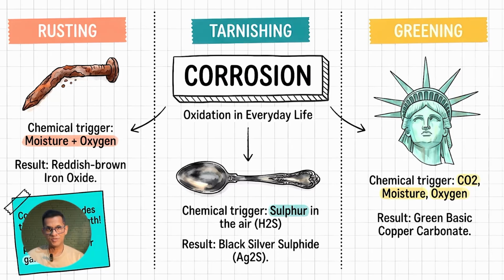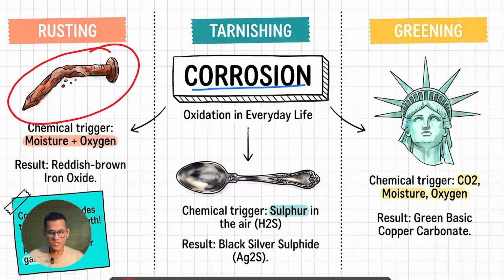Last part of this chapter is understanding the effects of chemical reactions in our daily life, at least some of them, starting with first, that is corrosion. Now all of us know what is corrosion. The best and the simplest example of corrosion is rusting of iron, as I have shown here. So what is corrosion?